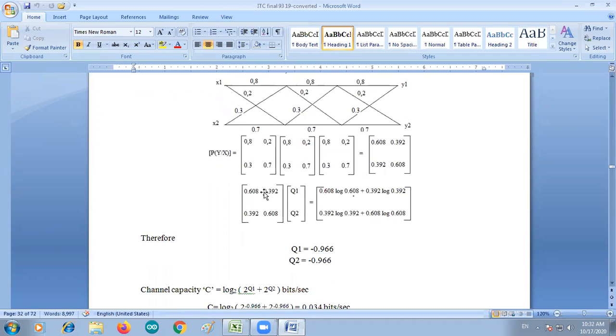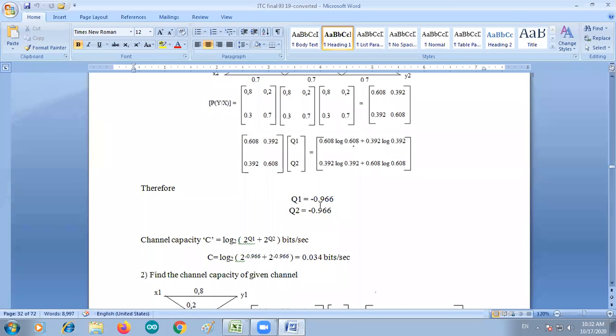That is 0.608 Q1 plus 0.392 Q2 is equal to this value, and 0.392 Q1 plus 0.608 Q2 is equal to this value. After solving, Q1 is equal to minus 0.966, Q2 is also minus 0.966, the same values.